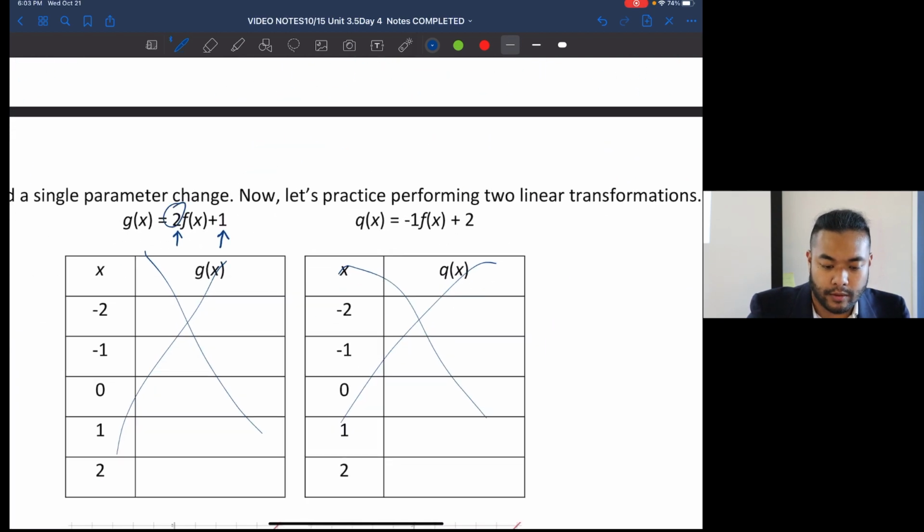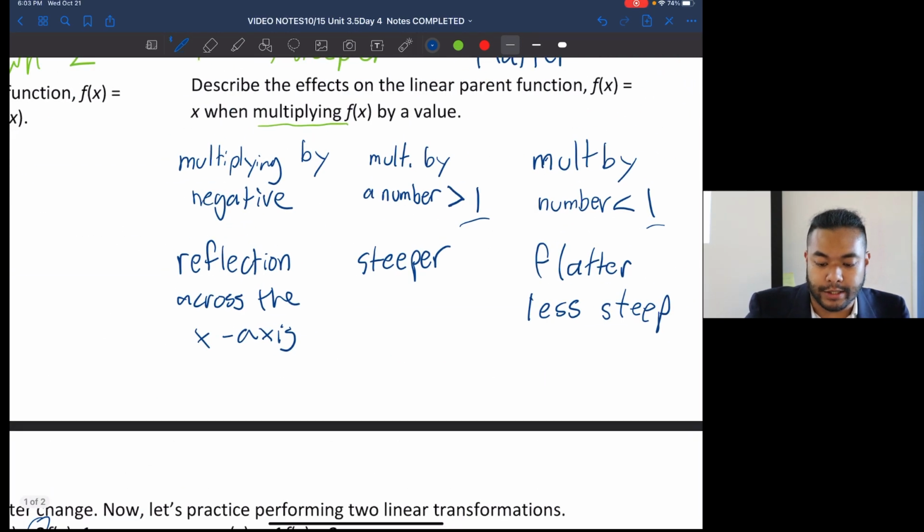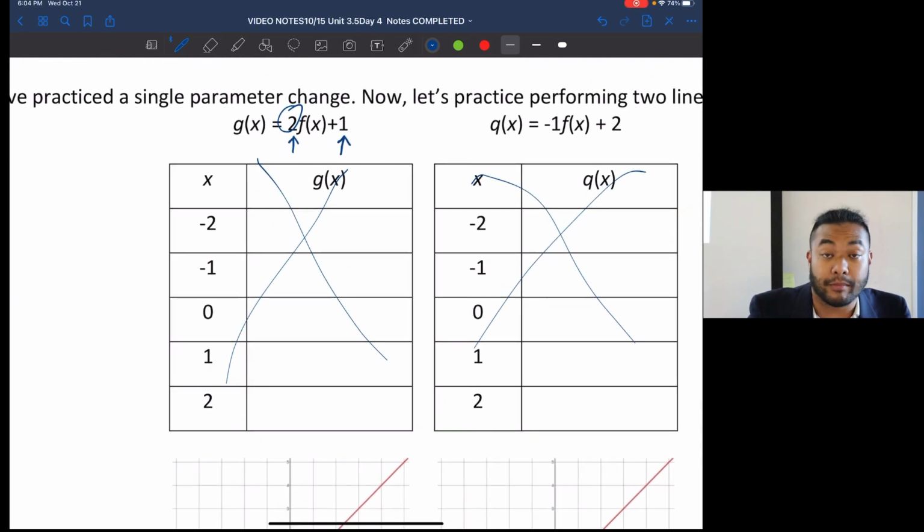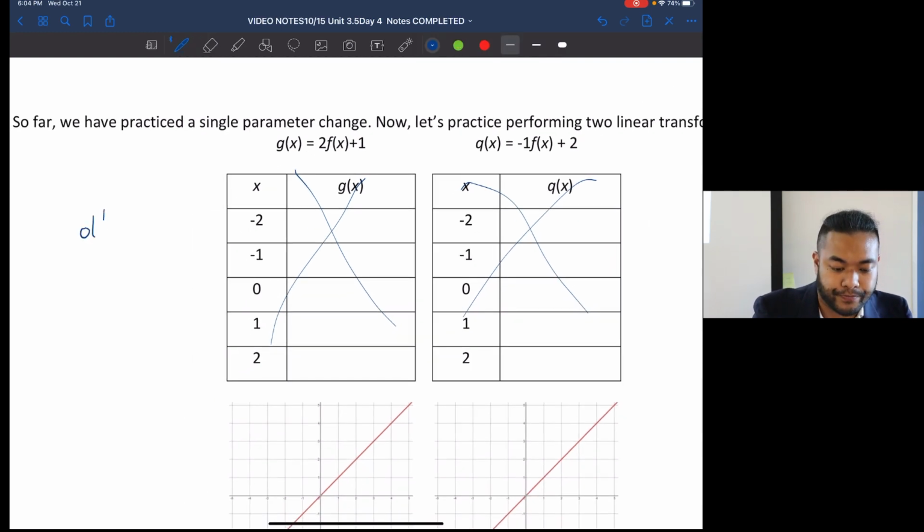Well, 2, that's greater than 1, so it's going to be steeper, and it's going to change my slope from the original up 1 over 1 to up 2 over 1. So my old slope, my original slope of the parent function, is always 1. Y equals x always has a slope of 1.